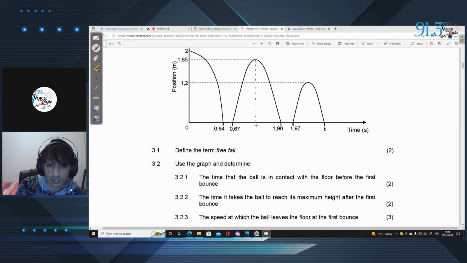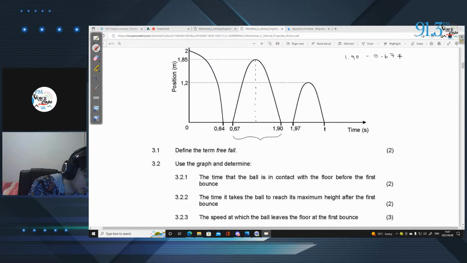So this point here, this peak, is halfway between these times. So all we essentially need to do is add these times together. Right? We can say 0.67 plus 1.9, and we can actually just divide by 2. Sorry, not add. We subtract these 2 values. That gives us what this time frame is. So we go 1.90 minus 0.67.